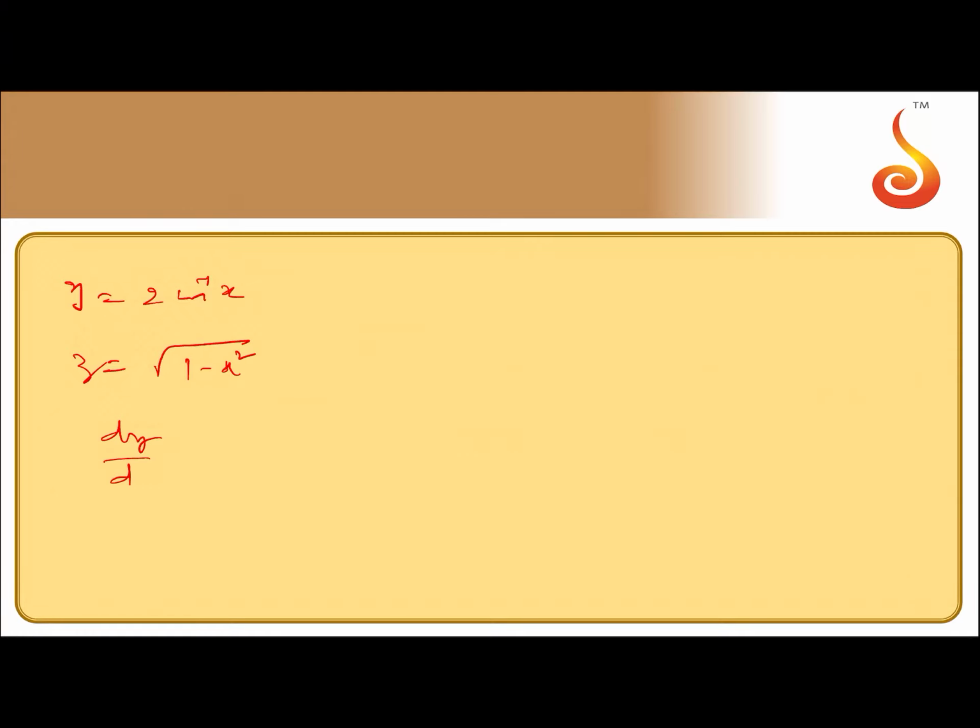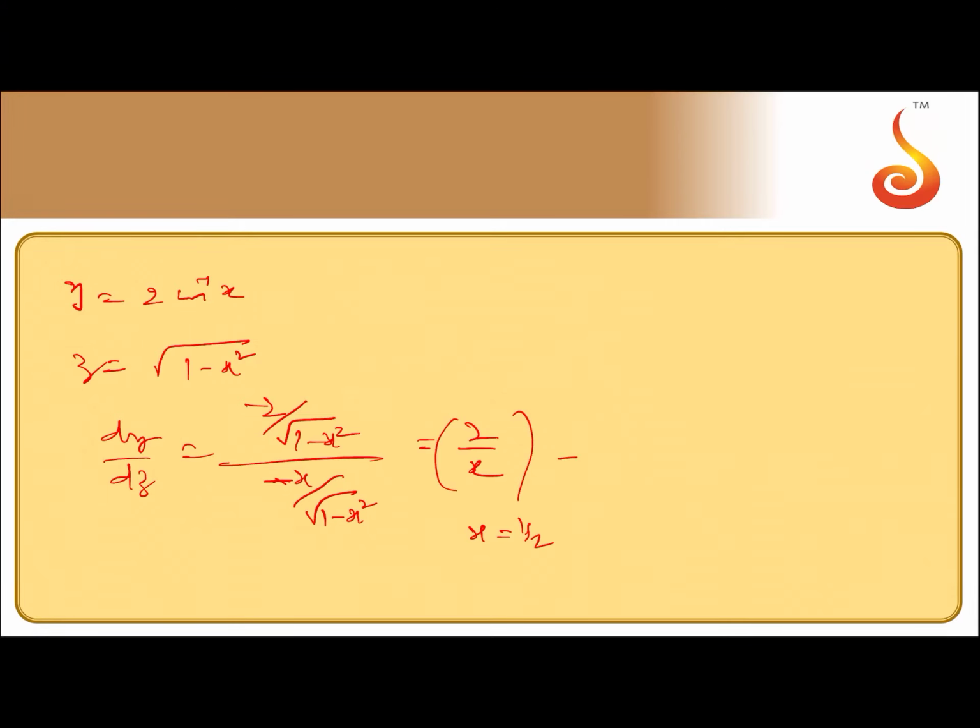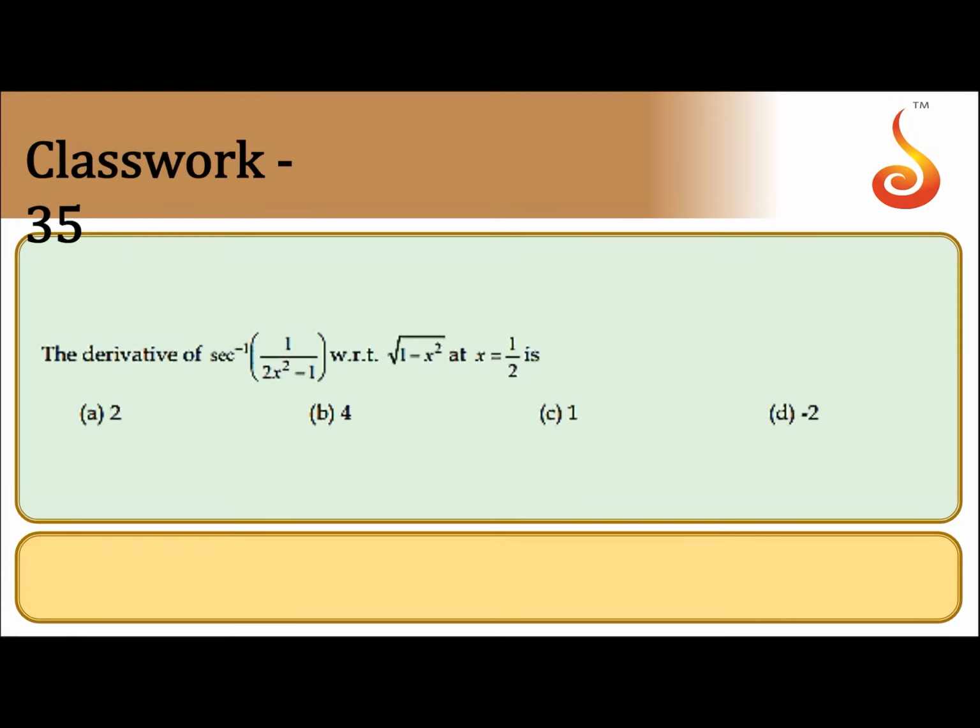You are asked to find dy by dz, the derivative of y with respect to z: minus 2 by root of 1 minus x square divided by minus x divided by root of 1 minus x square, that is equal to 2 by x. You want the value of this at x equal to 1 by 2, and that gives you the answer equal to 4. So the answer is 4.